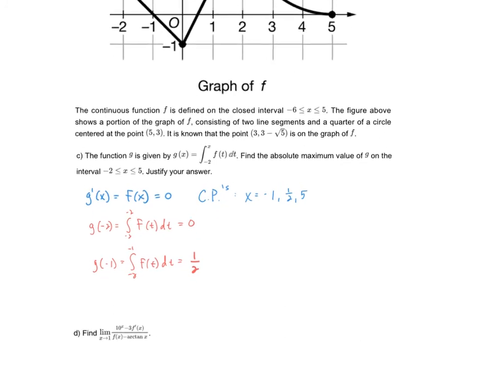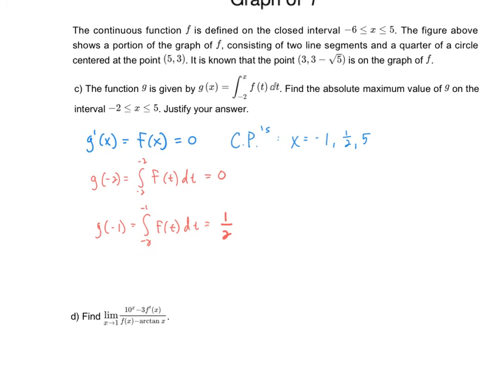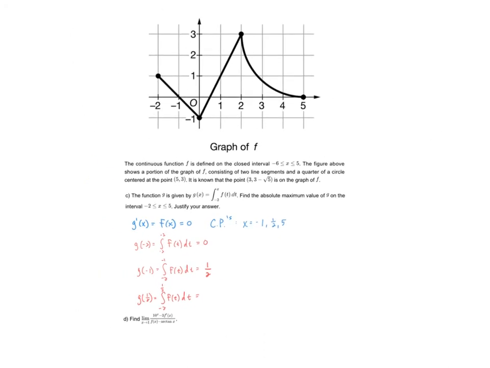Okay, so now -2 to 1/2. From -2 to 1/2, these two areas cancel.